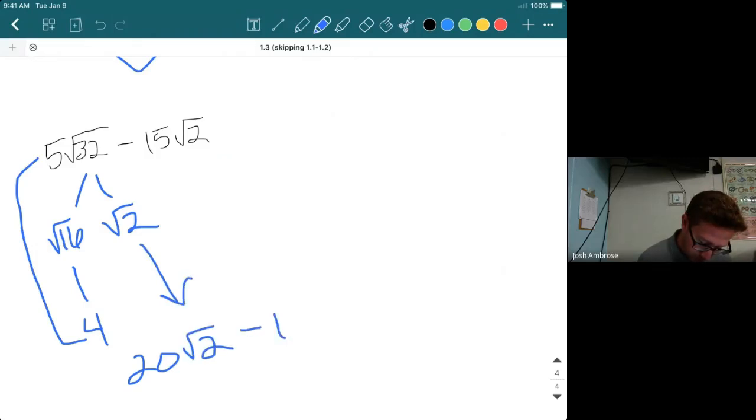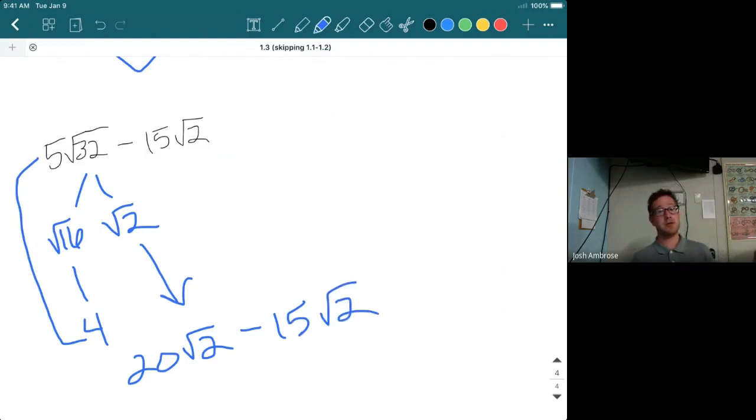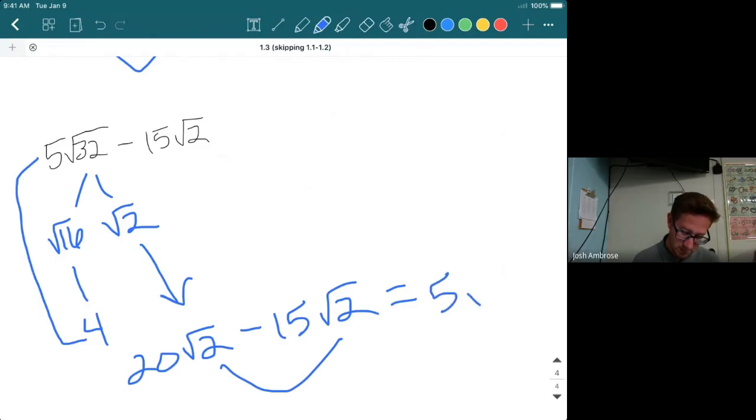Rewrite the rest of the problem. What do you notice? Now you should notice we both have a radical 2. The 20 has a radical 2. The 15 has a radical 2. So because these guys are the same, we can now just deal with their coefficients. What's 20 minus 15? 5. And tag on that radical 2.